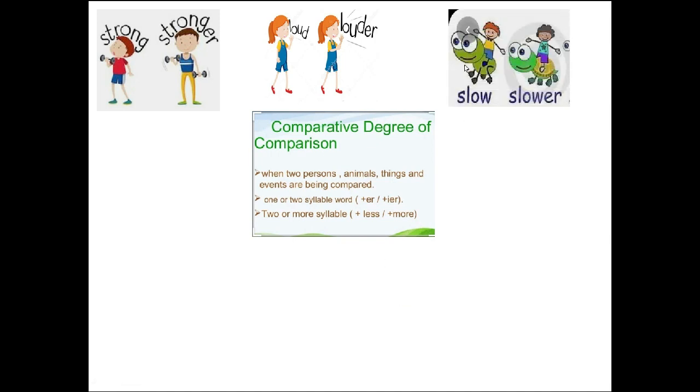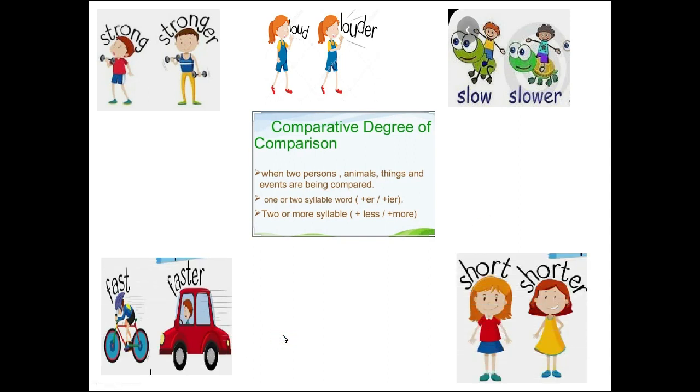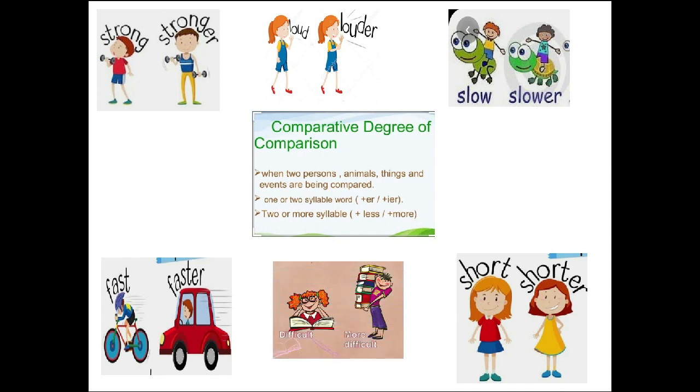Next, slow, slower. Fast, faster. Short, shorter. Difficult. Now we cannot say difficulter, we say more difficult. So here when a word has 2 or more syllables, we use more.